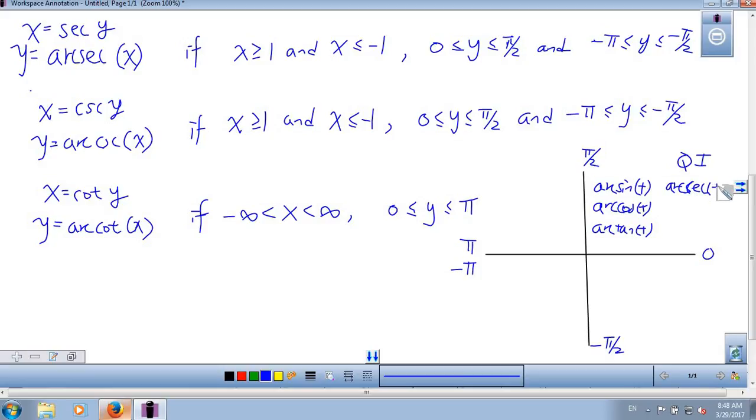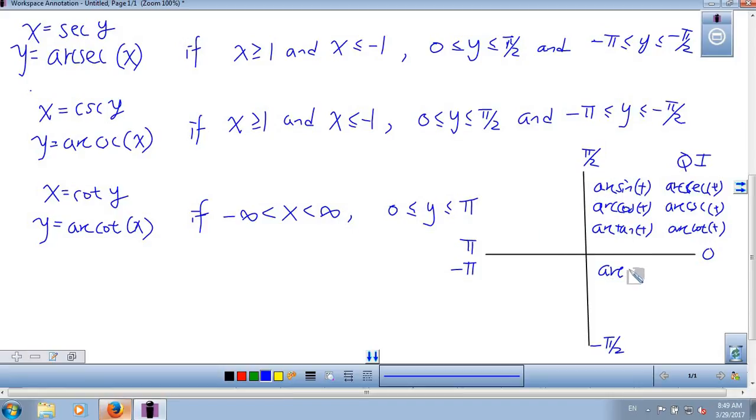It doesn't matter which arc function, if you're taking a positive input, so arcsecant, arccosecant, arccotangent, you will get an angle back between 0 and 90 degrees, quadrant 1.